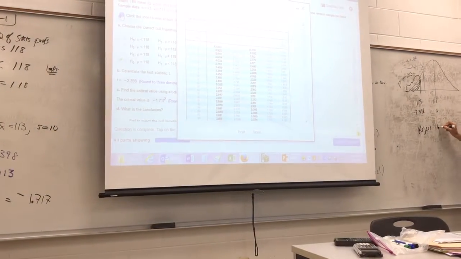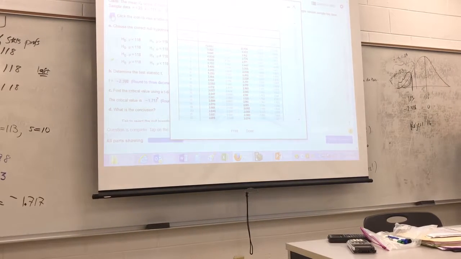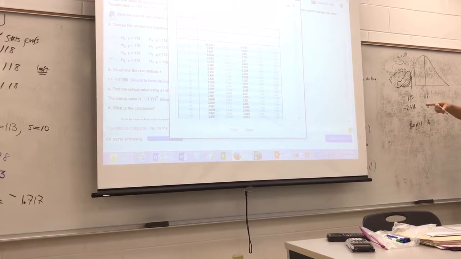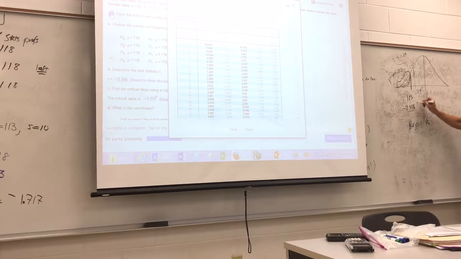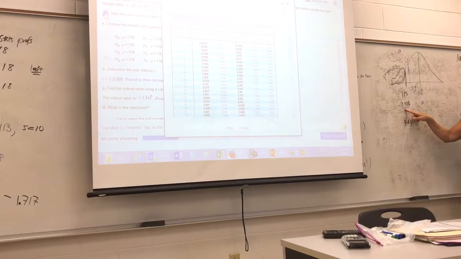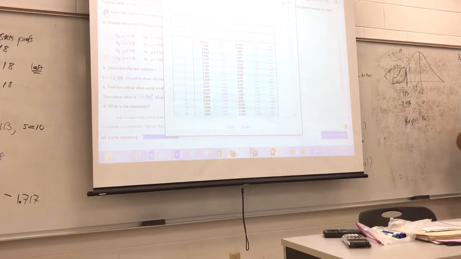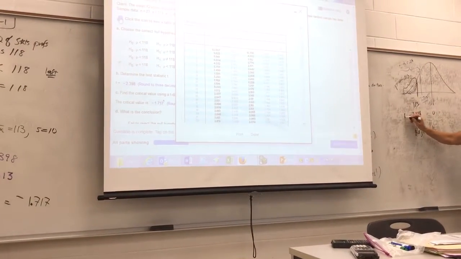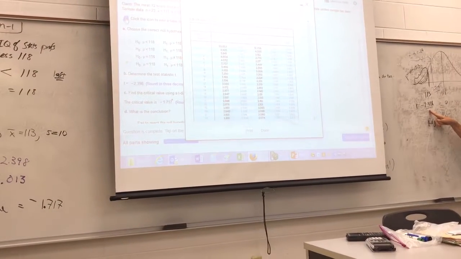The other way to do it is to compare this cutoff for alpha, which is negative 1.717, to compare t-scores. To say, our test statistic is beyond the critical value. This is the t-score, the test statistic, it's more than 2 standard deviations to the left of the mean.